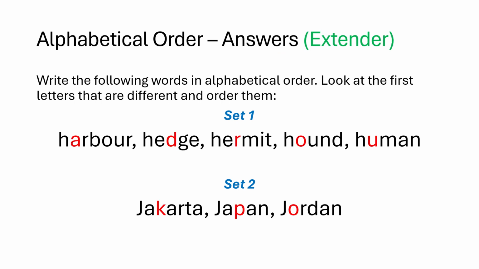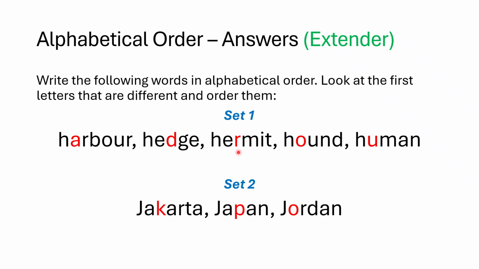Check your answers. These words are in alphabetical order by looking at the subsequent letters that are different. Harbour, the second letter is A, which comes before the letter E. Hedge and hermit both have letter E as their second letter. So the third letter, D in hedge, and R in hermit are in alphabetical order.